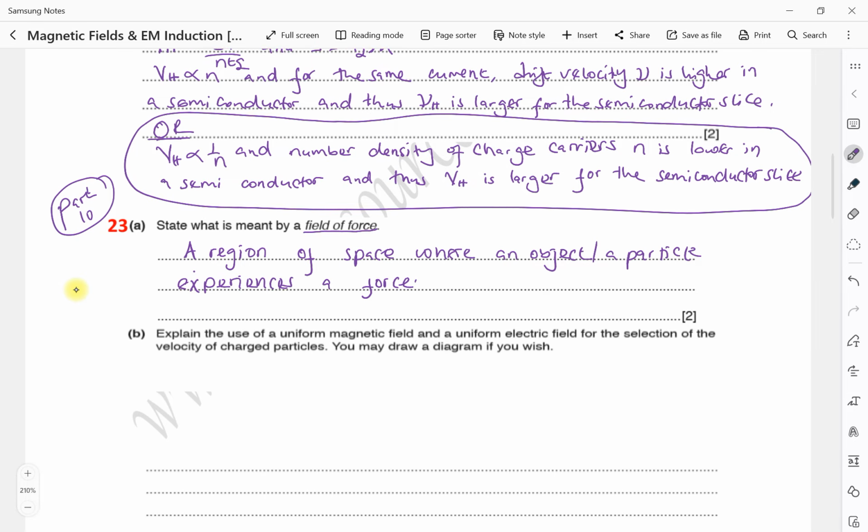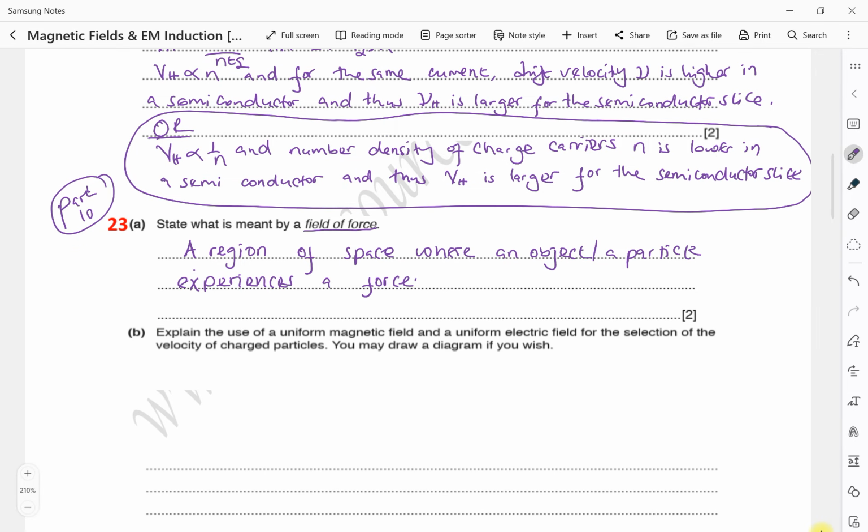So that is a region of space where a particle experiences a force.